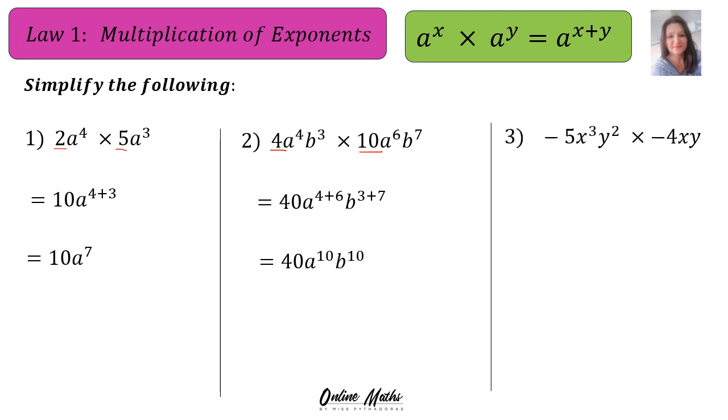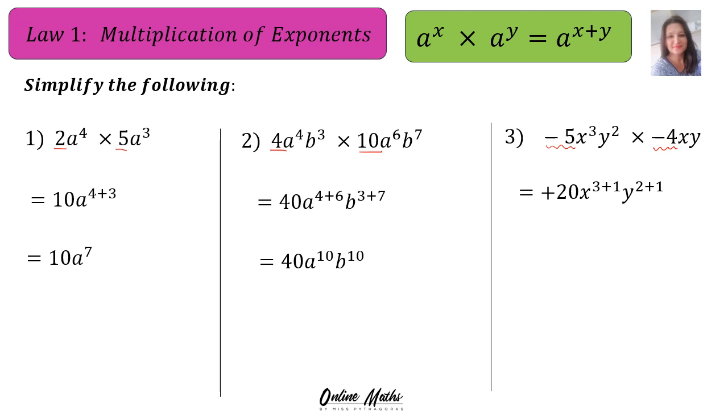On example 3, the only thing that's different here is suddenly it's minus 5 times minus 4. You deal with them in the normal way, so it will become plus 20, and then in terms of the base x, the exponent is 3, and suddenly there's a 1. So where does the 1 come from?